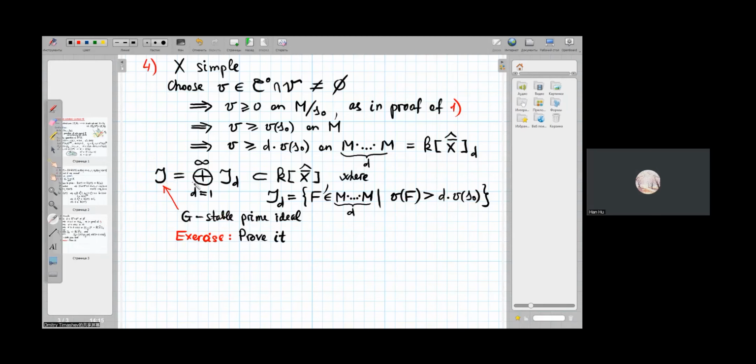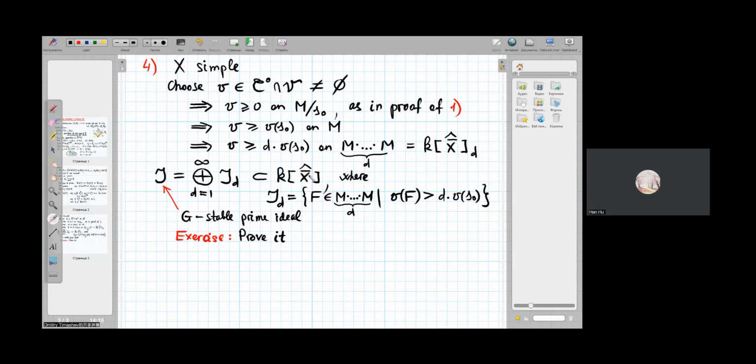This means that if a product of two elements sits in I, then one of the factors must belong to I. So it is a prime ideal. And since it is a prime ideal, it defines an irreducible G-stable algebraic subvariety in this affine cone. Or if you consider this ring as a homogeneous coordinate ring of X bar, then this ideal defines an irreducible G-stable projective subvariety in X bar.